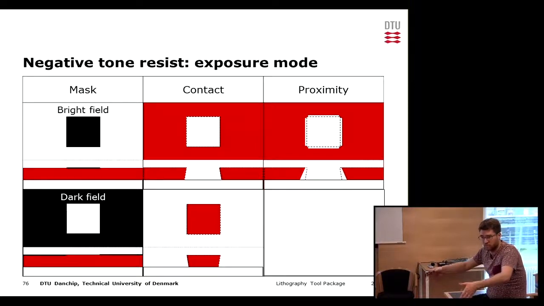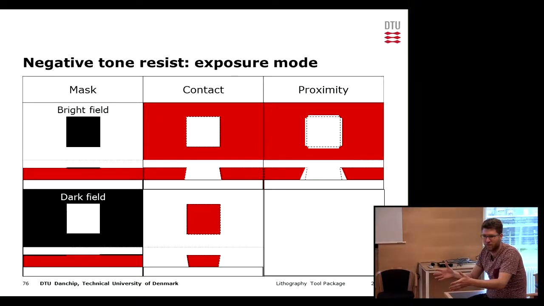That actually comes from the light just on the edge. So it means that this light here is now spread over a larger area, so the effective dose is lower. And that means that compared to the perfect case with the contact, the dose on the edge of the structure is lower, which means that when it comes into the developer, it's dissolved.